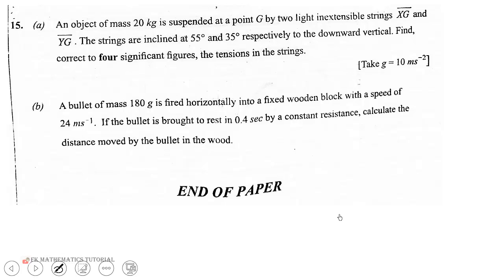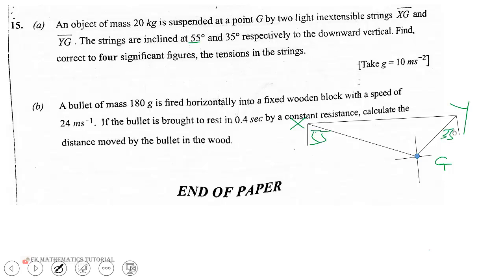So we can illustrate it in a diagram like this. This is the object and this is the point G. Then we have X here and we have Y here. Now we're told that the object is suspended 55 degrees to the downward vertical, so 55 degrees here, then 35 degrees here.